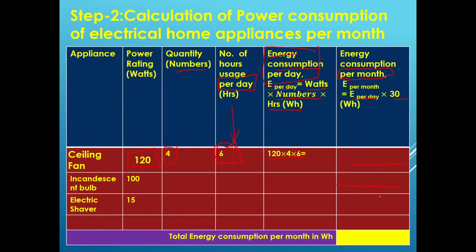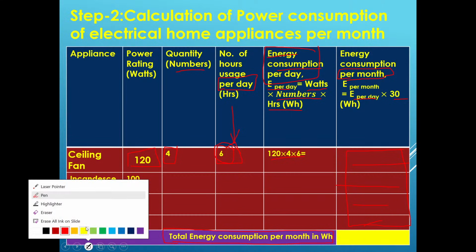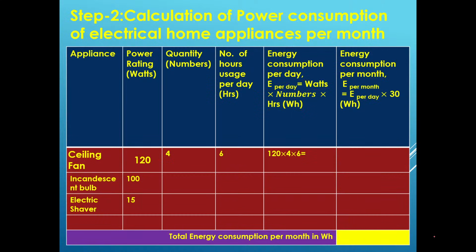For all the appliances, you calculate the energy consumed per month in our house, and at the end you add all of them. You will get the total energy consumed per month in watt hour.